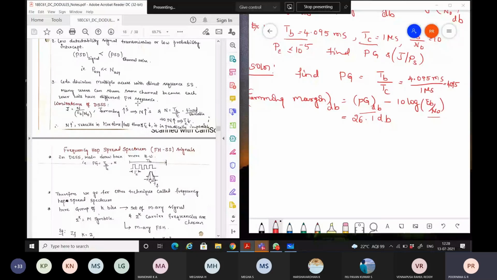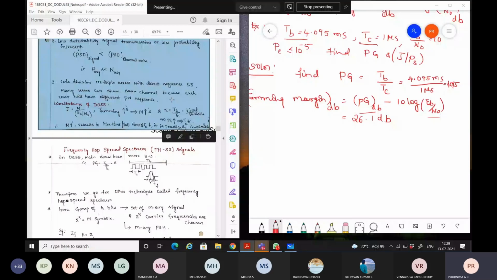Code division multiple access means the same channel is used, but multiple signals use different codes, so on the same channel multiple signals can be transmitted with different PN sequences.